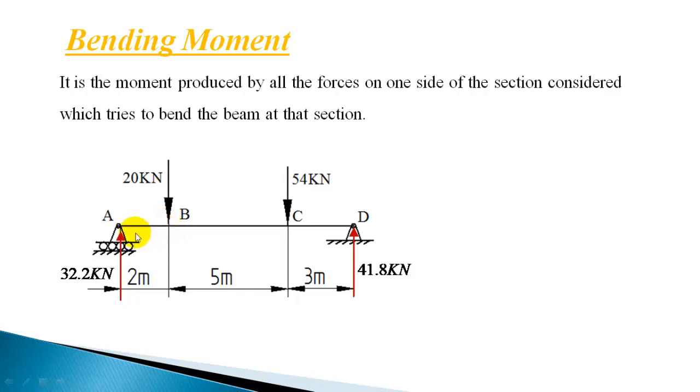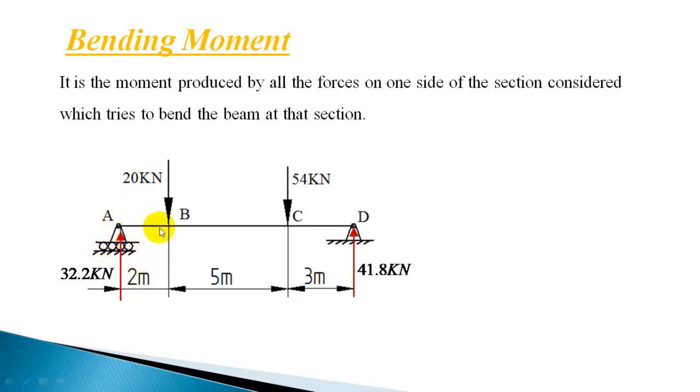At point B, if you consider the left side forces, there is only one force, 32.2 kilonewton. This will produce a clockwise moment. Okay, 32.2 into 2, the distance. Since we are calculating the moment, you have to multiply with the distance.